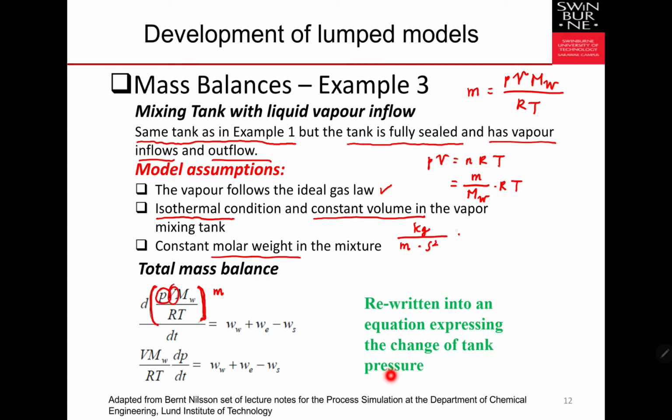The unit of the volume is meter cube, and then the unit of the molecular weight is kilogram per kmol, divided by the unit of R, which is joule per kilomole Kelvin, and joule can be expressed in terms of kilogram meter square per second square divided by kmol Kelvin. Okay, multiplied by the T, which is Kelvin.